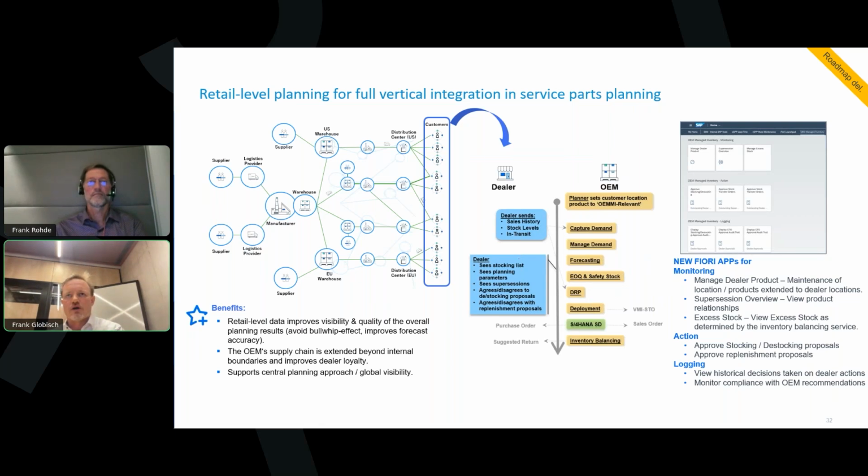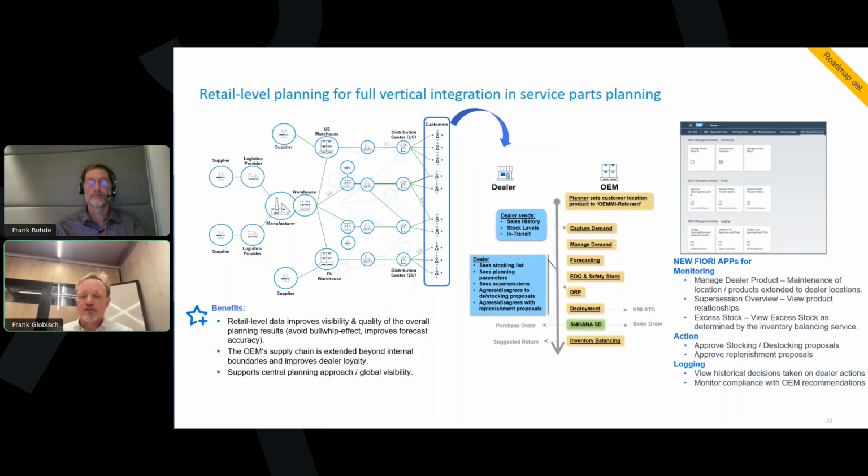Additionally to what the dealer can do, and that's typically integrated to the dealer via APIs to OEM-specific dealer front ends that we typically see in the market, there are also many new Fiori apps in order to support in monitoring for master data, for supersessions, etc., but also for taking actions like approving stocking, destocking proposals or replenishment proposals.